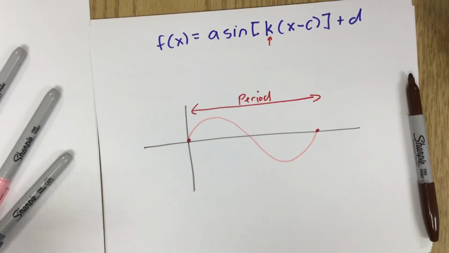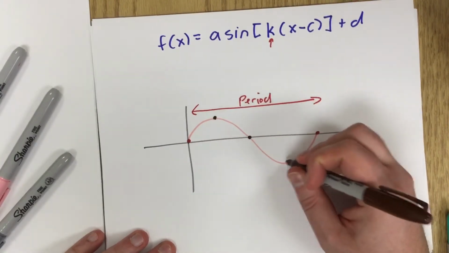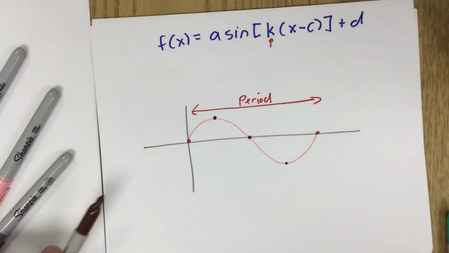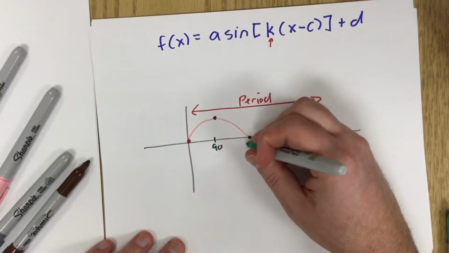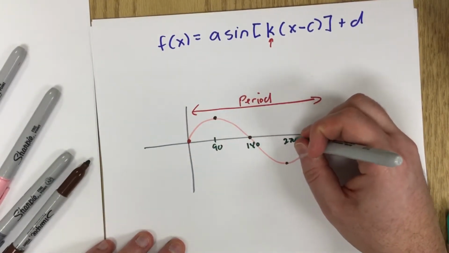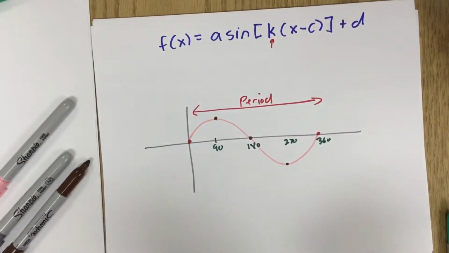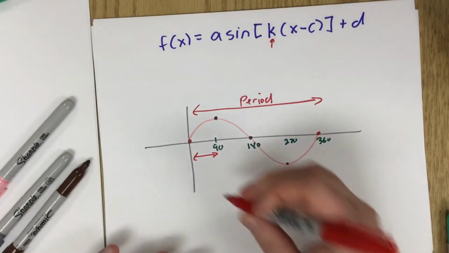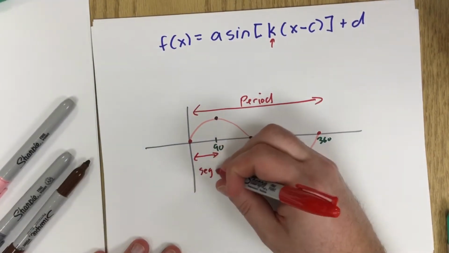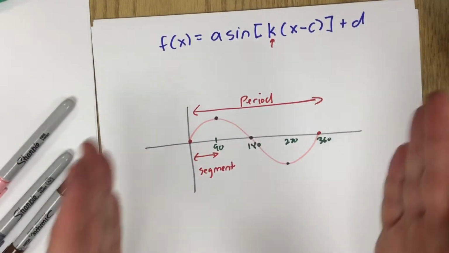Now I'm going to divide it up into segments, because what we care about are our points. If you remember, the points were at 90, 180, 270, and 360. This distance over here, and this is not a real word, I've made it up, I'm going to call a segment. A segment is essentially just a quarter of the period.